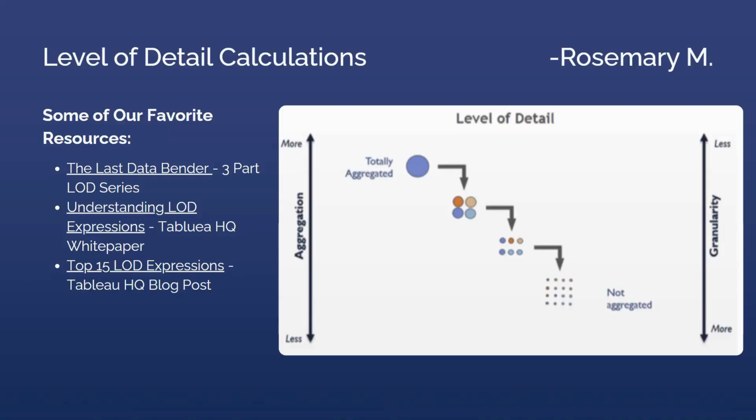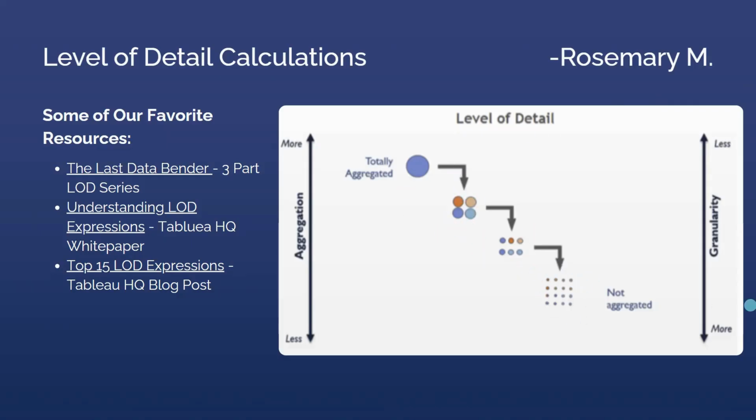In order to understand level of detail calculations, we have to understand what level of detail is. And that's what the screenshot here is showing us. As we add dimensions to our view, the level of detail of the view becomes less and less aggregated, or the granularity gets more pointed.